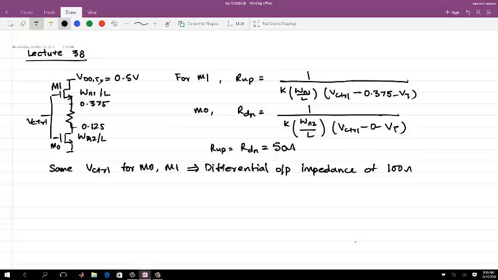Differential output impedance is actually equal to, if I model this transistor with the resistance R up and the bottom transistor with R down, and my channel has an impedance of 2RT.